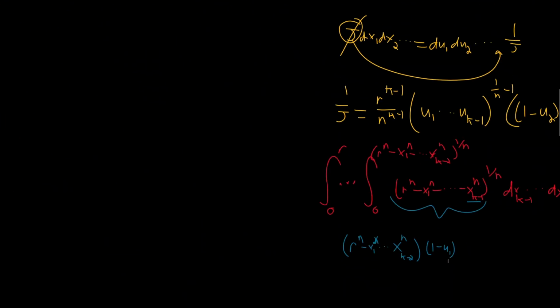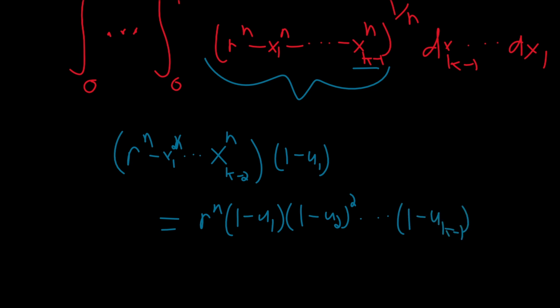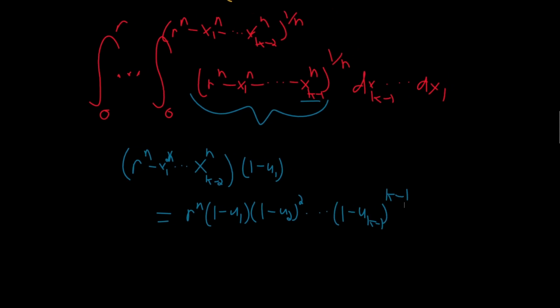So at the end of the day, this is going to be equal to r^n times (1 minus u1) times (1 minus u2) squared, and then dot, dot, dot, (1 minus u_{k-1}) to the k minus 1. Those powers are now the same. Okay, moving on.